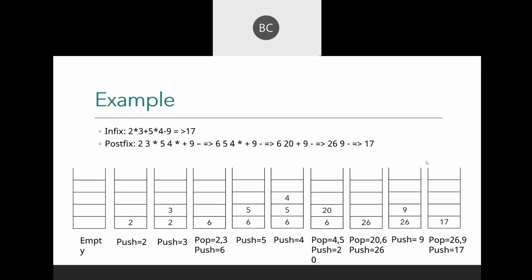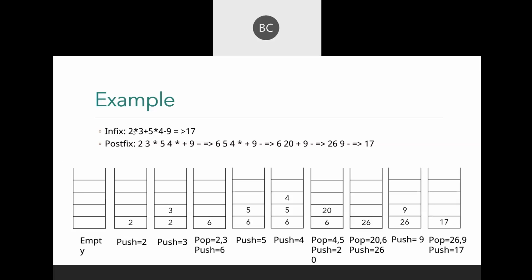Anyway, suppose this expression is given here: 2 into 3 plus 5 into 4 minus 9. The answer is supposed to be 7. Initially it will be an empty stack.